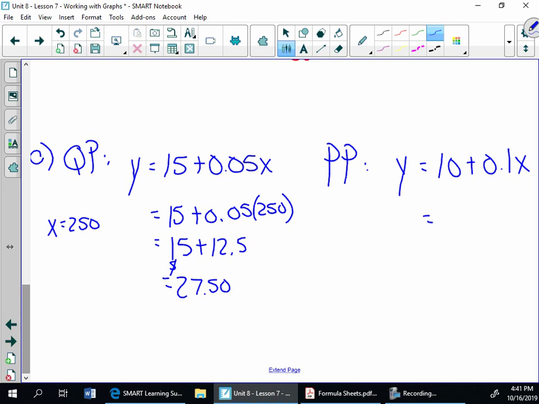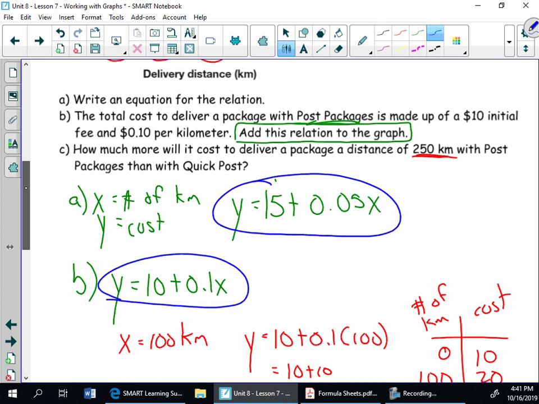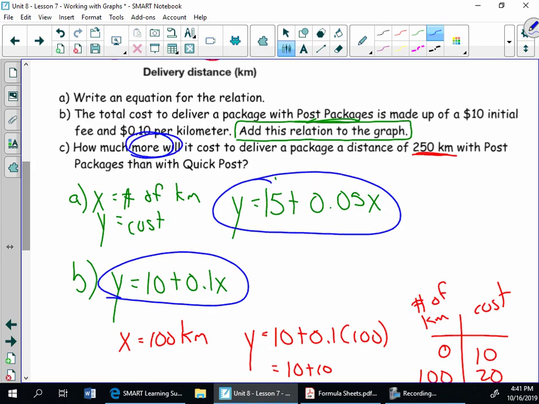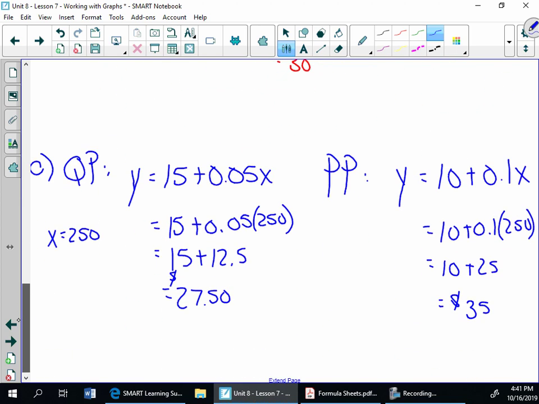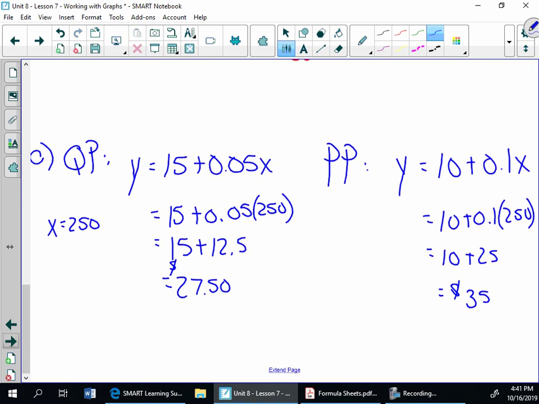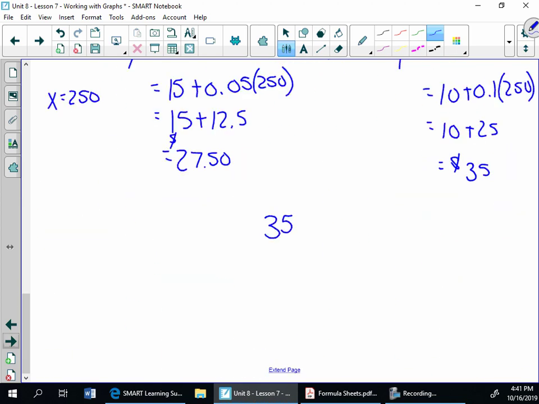If I do the exact same thing in the other one, but use the other equation, I'll get 10 plus 25, or in other words, $35. The question wanted to know how much more will it cost? Well, it definitely costs more, right? 35 is bigger than 27.50, but by how much? Well, let's subtract and find out.